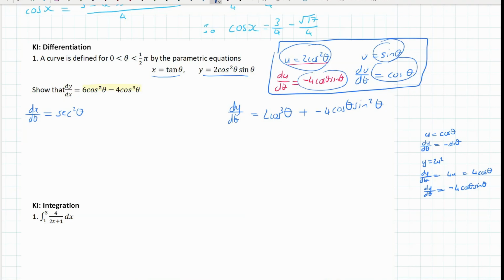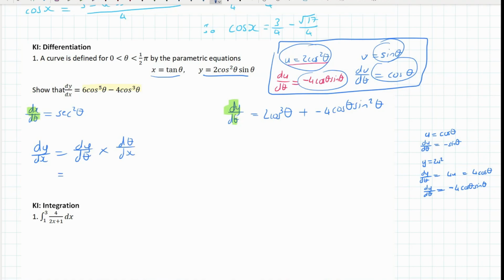Okay, now we can start thinking about our parametric equations. So we've got dx d theta here and dy d theta, but we want dy dx. So dy dx is equal to dy d theta multiplied by d theta dx. They're not fractions, but we can think of them like that for our purposes.